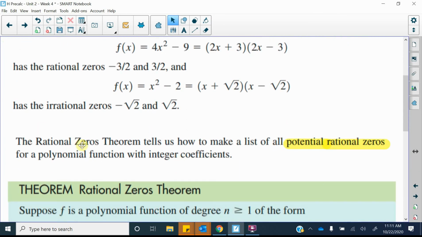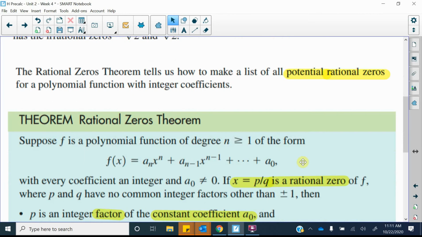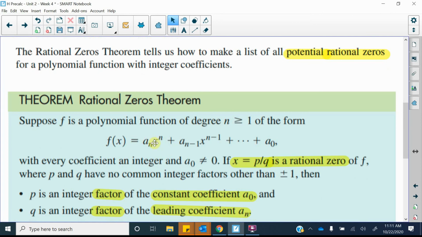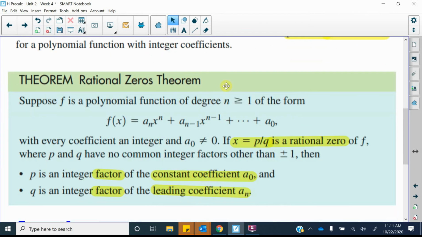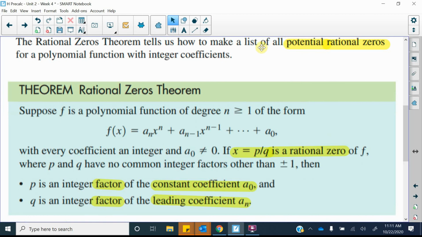So the rational zeros theorem allows us to look at a polynomial equation in standard form, with your largest degree first and your constant last. It allows us to come up with a list of all the possible rational zeros you could have for your polynomial.